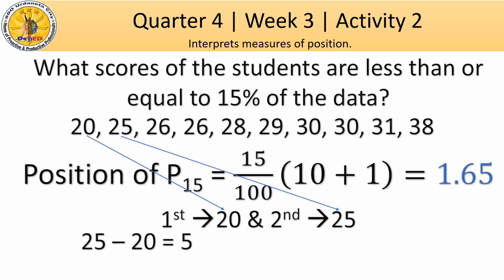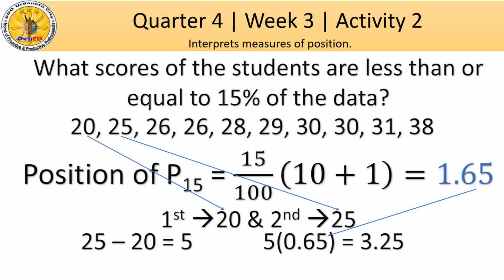So we will have 25 minus 20, which is equal to 5. Okay. Now, the decimal part of your computed value will be multiplied to this given value, which is 5. So we will have 5 times 0.65, which will give 3.25.